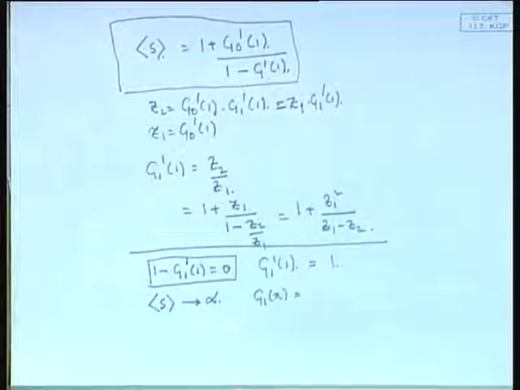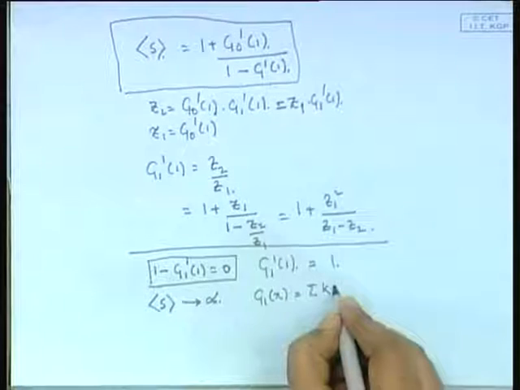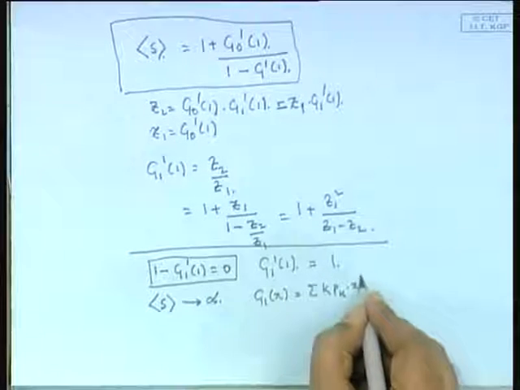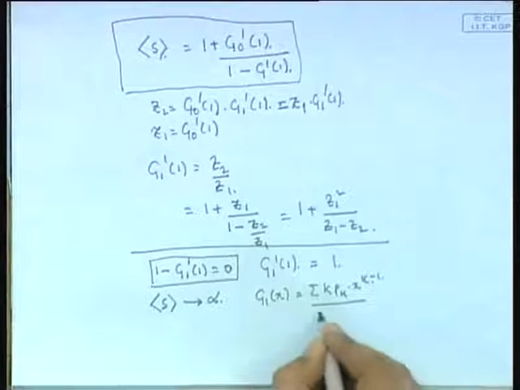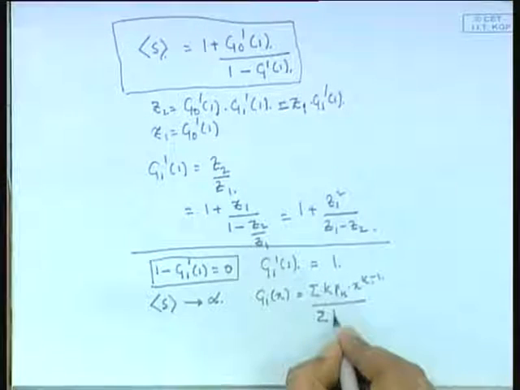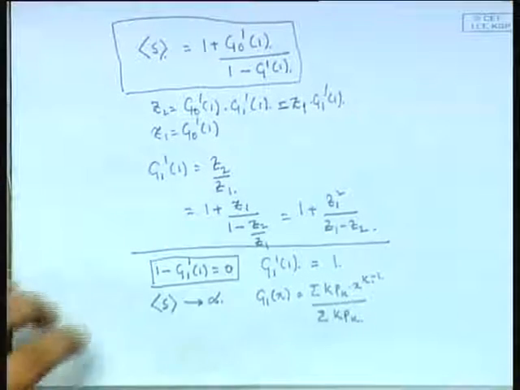So, what is G 1 x in terms of k and p k? It is summation of k p k x to the power k minus 1 by summation of k p k. Am I correct? This was G 1 x. Okay. Am I correct?